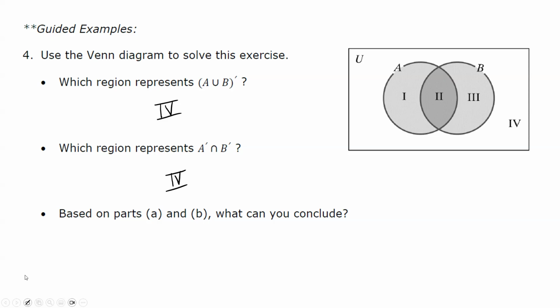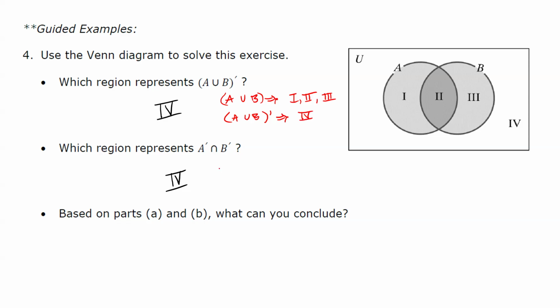So let me flesh this out a little bit for you. So A union B was region 1, 2, and 3. So the complement of this would be region 4.